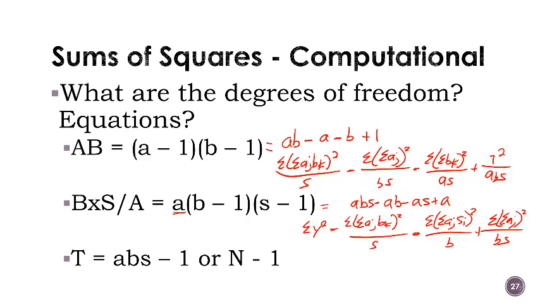And then for total, sum of y squared minus T squared over ABS.